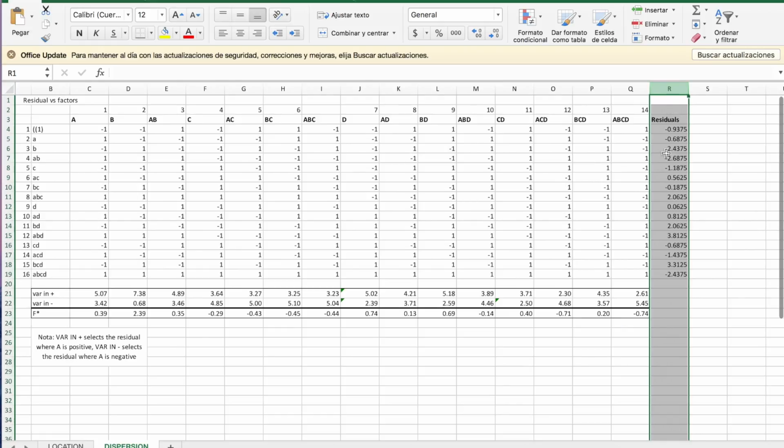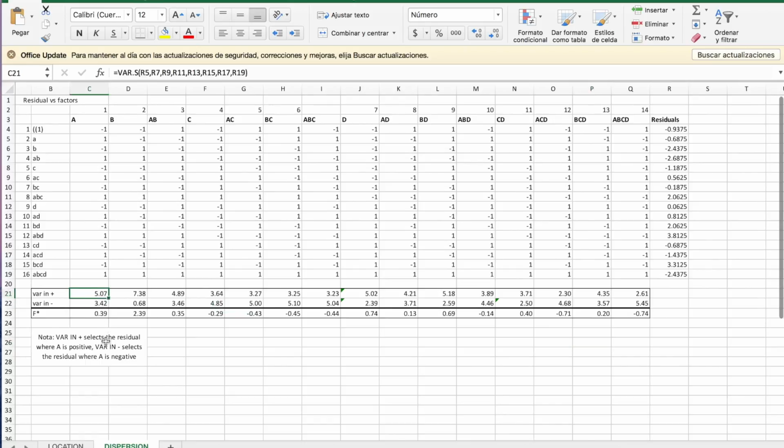We need the residuals we got in the last exercise because we're doing the variance. In the variance, it is important to read that variance positive selects the residuals where A is positive, and variance negative selects the residual where A is negative. And for each letter applies the same.